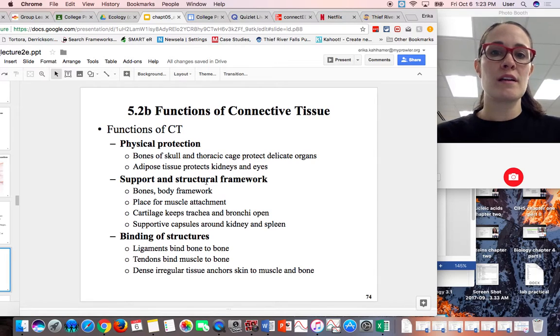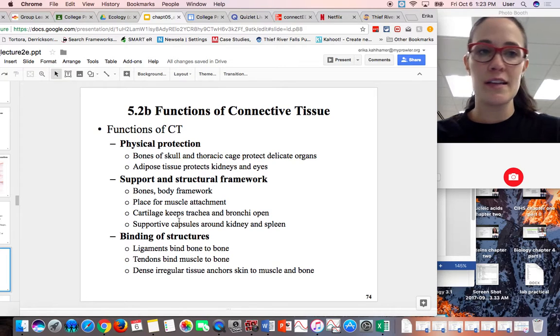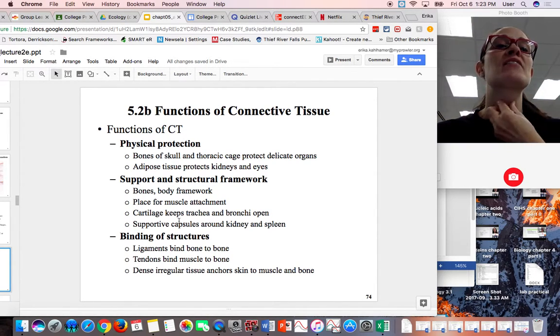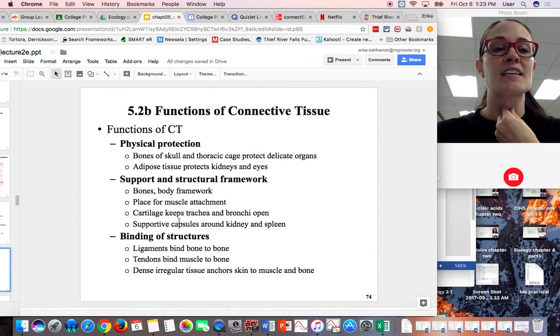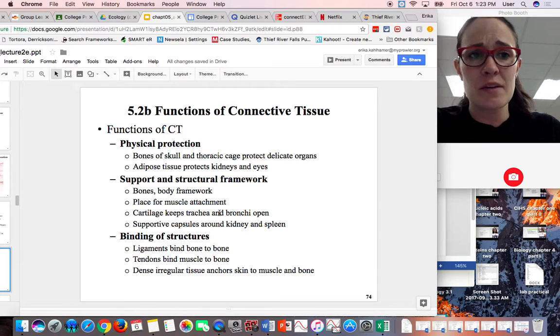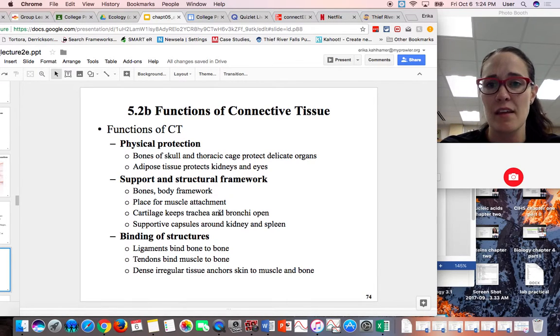They support the structure of your body. Again, the bones, ligaments, tendons that attach bone to bone, muscle to bone. Cartilage in your trachea, these rings that you feel, that is connective tissue, cartilage. And then around your kidneys and spleen, you also have connective tissue.